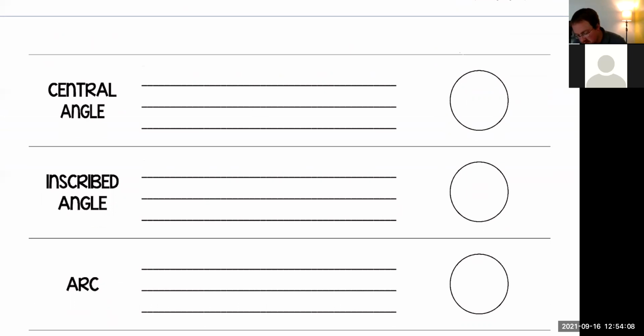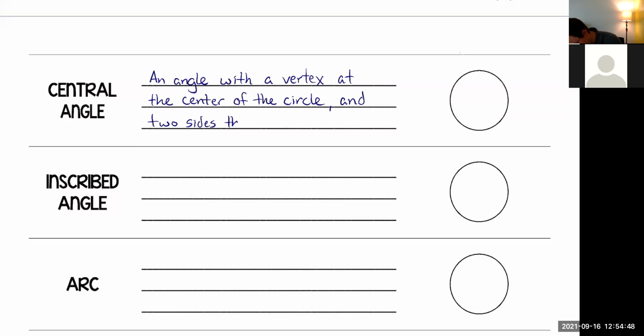The first one we have is known as a central angle, and it is defined as an angle with a vertex at the center of the circle and two sides that are radii. Radii is just the plural of radius.